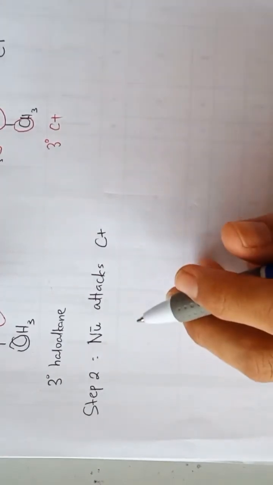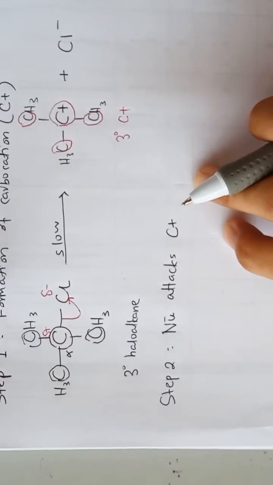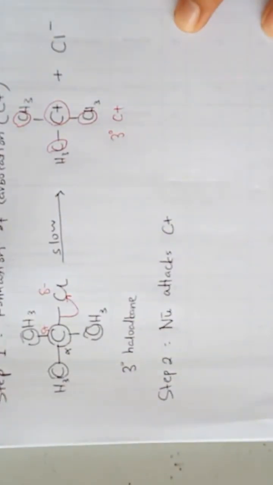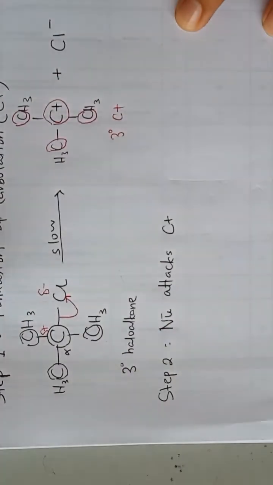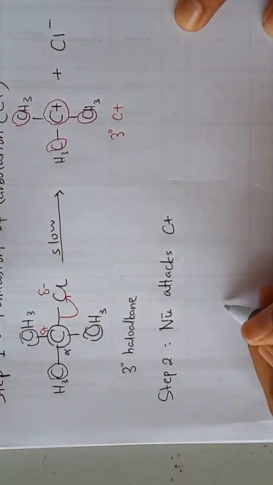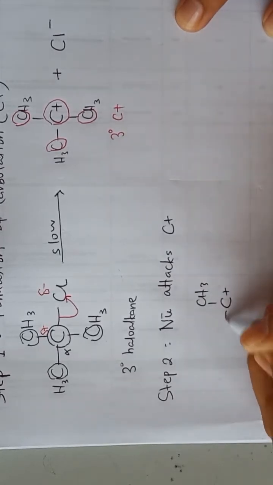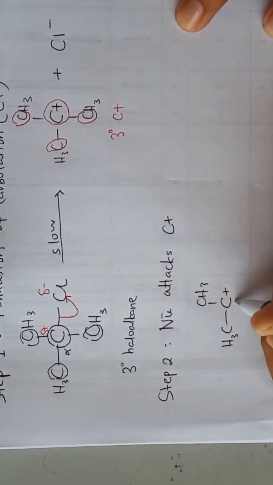So we take the carbocation that we formed in the first step just now. This is the tertiary carbocation. Remember, the SN1 mechanism needs the most stable carbocation to make it happen.